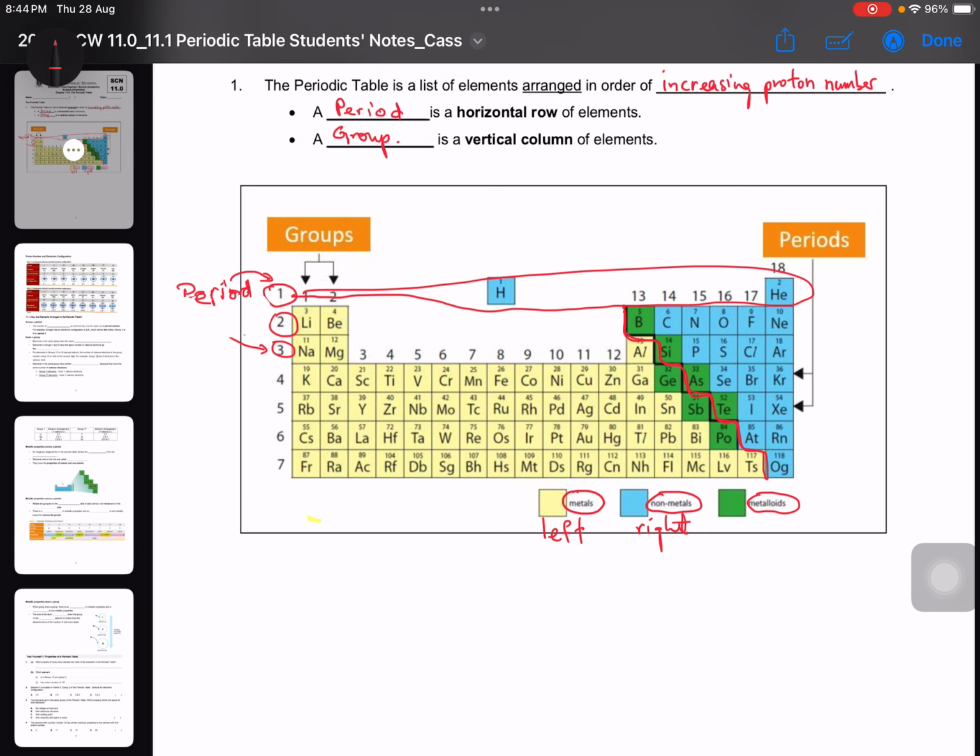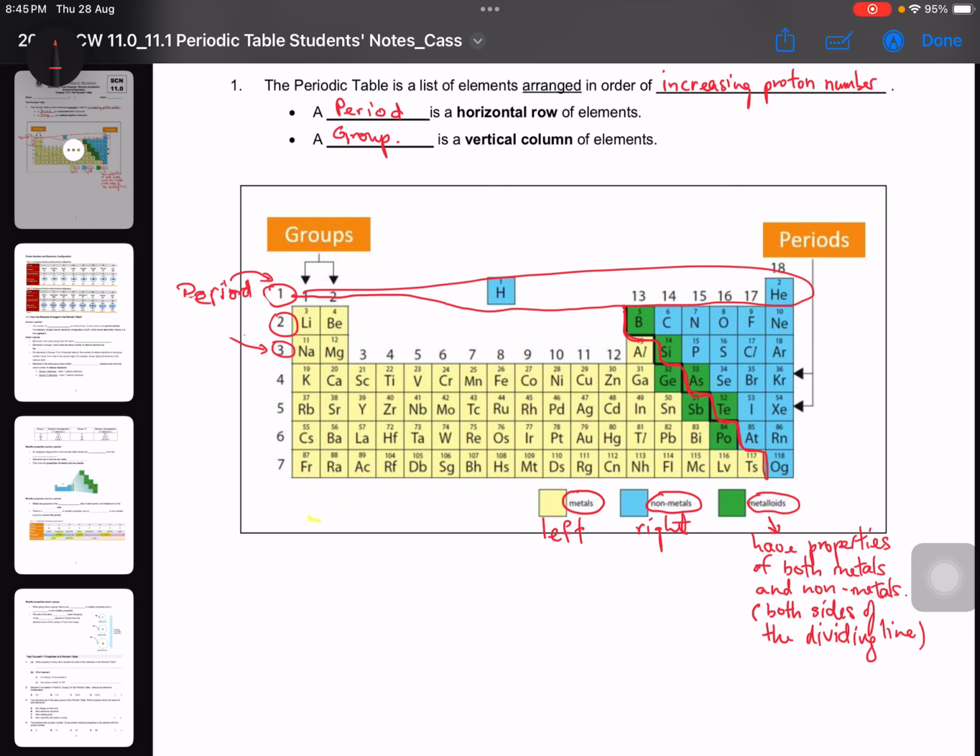Metalloids have properties of both metals and non-metals. They are on both sides of the dividing line. That will be called metalloids, the green parts.